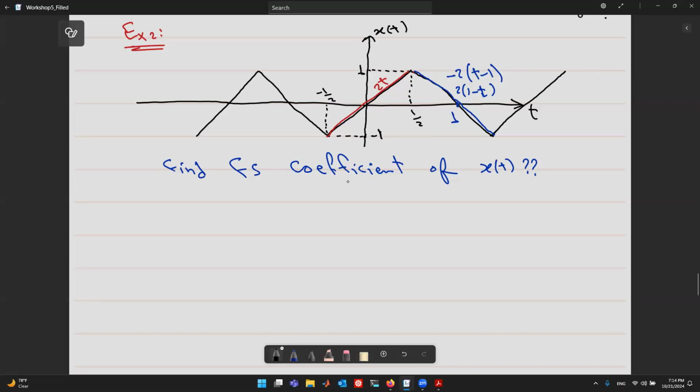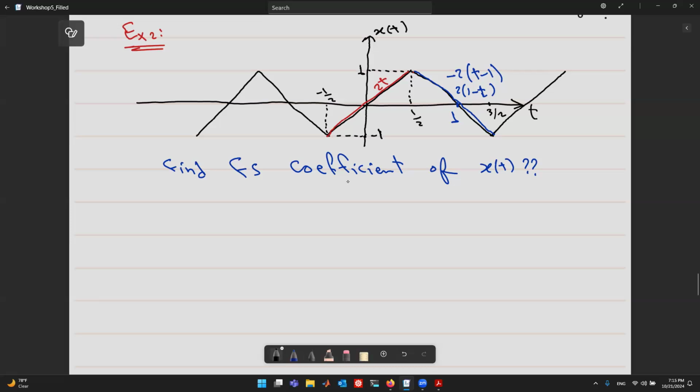I'm having a brain fart while doing this. It's okay. It starts from -1/2 to 3/2. This point is 3/2. Because the duration when it's growing is 1 and then falling is 1.